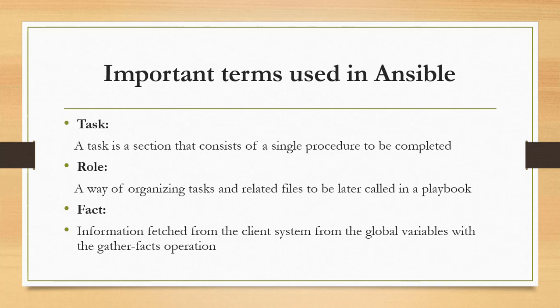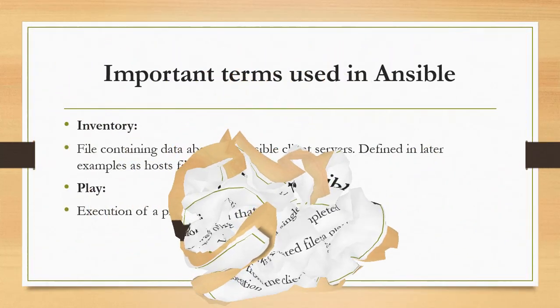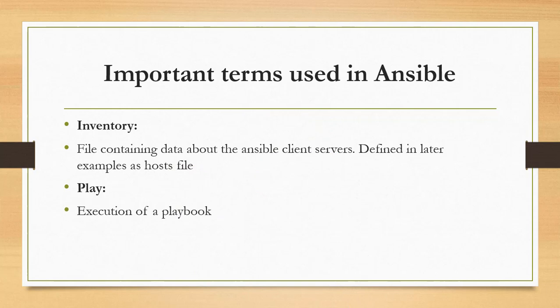The fact is information fetched from the client system from the global variables with a gather facts operation. So guys, don't worry, we will go through all these terms and use them practically also.